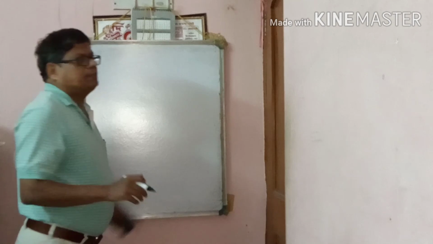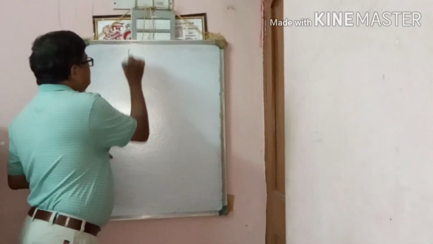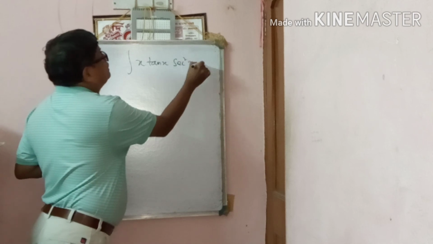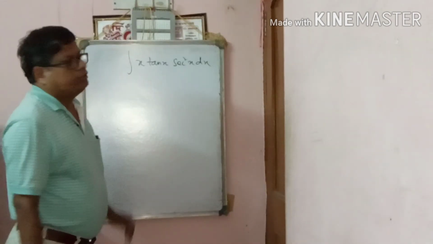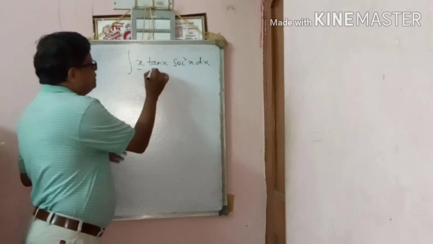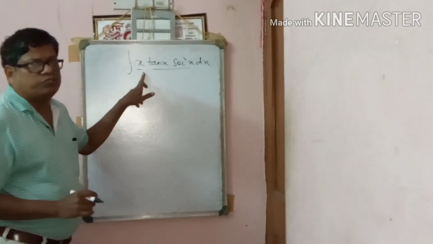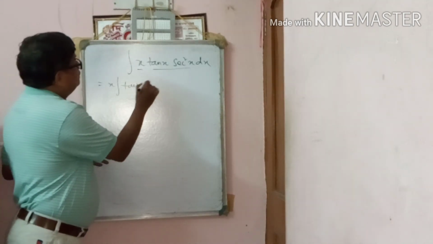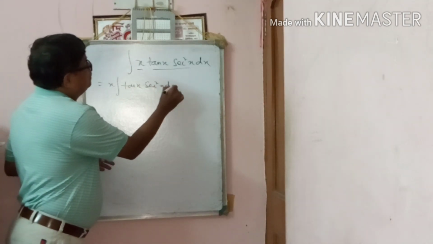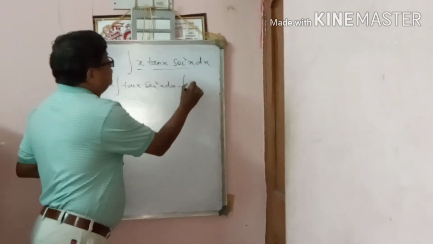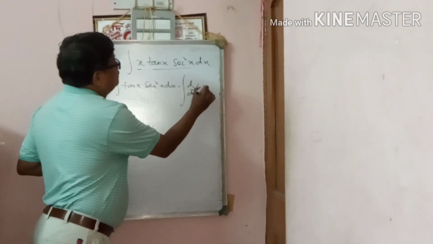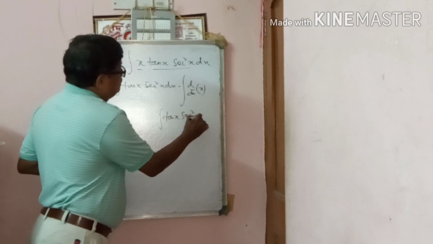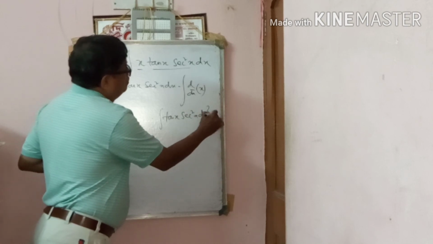Now, suppose one sum I am giving: integration of x tan x sec square x dx. Here x is an algebraic function, so this is the first function. So write x times integration of tan x sec square x dx minus integration of d/dx of x into integration of tan x sec square x dx, whole dx.